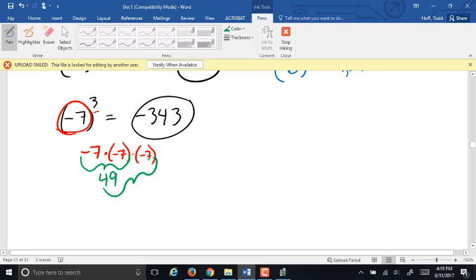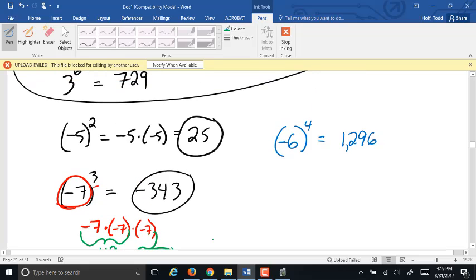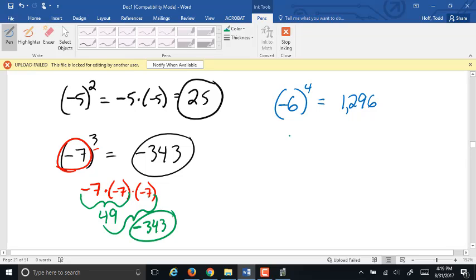Then I multiply that by the next negative 7. A positive times a negative is a negative. 49 times 7 is 343. So that comes out to be negative. That is correct.